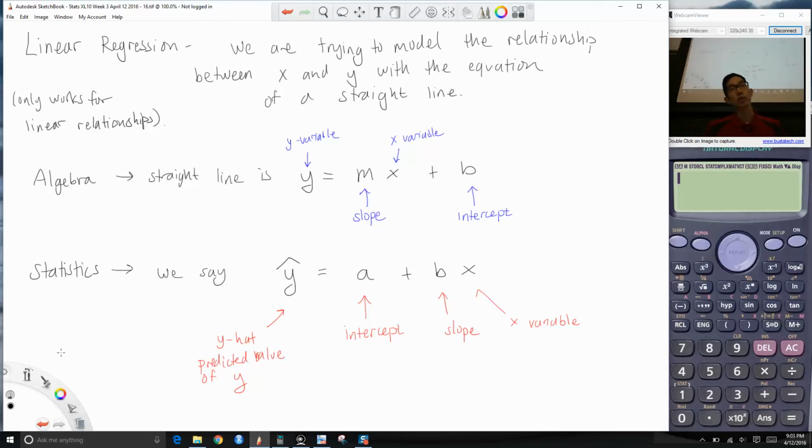Okay, so in that case, the X is 30, and then the actual weight of the snake may be 165 grams. The Y would be 165. But if the model says snakes of 30 centimeters long are predicted to weigh 160 grams, that's what we've got going on. We're not saying that every single snake will weigh exactly 160 grams, but we're just saying this is our prediction.